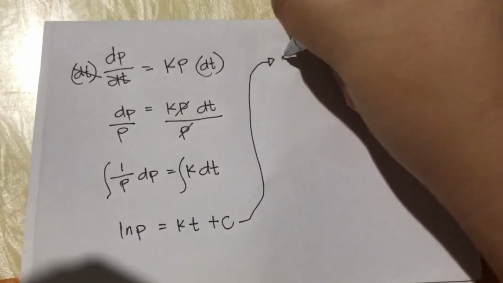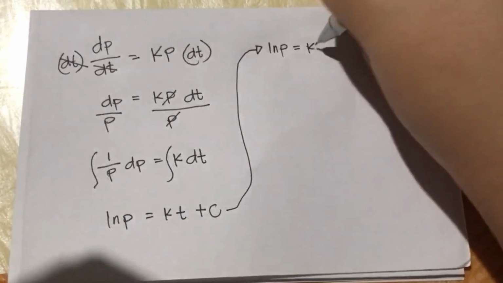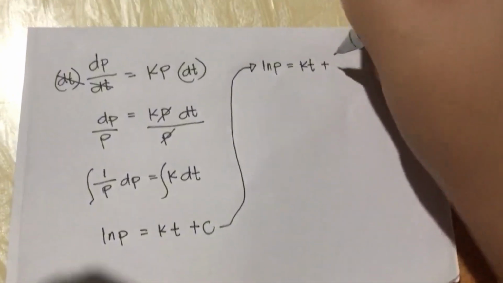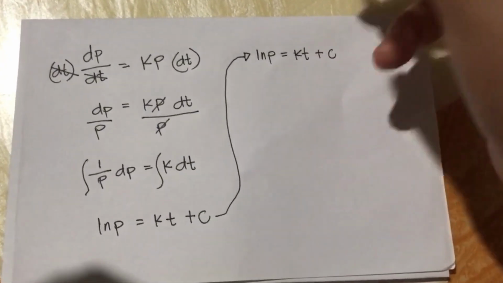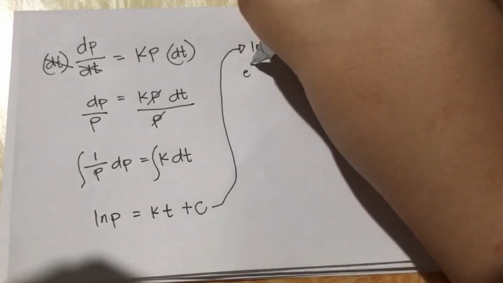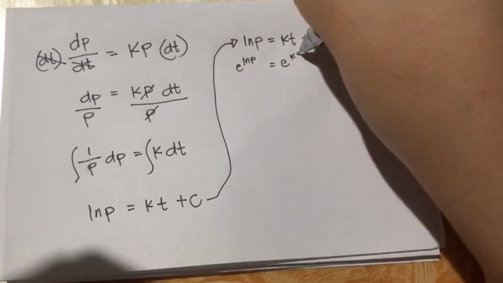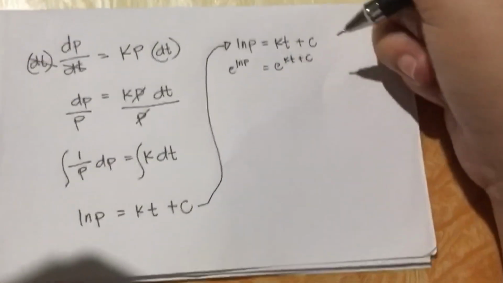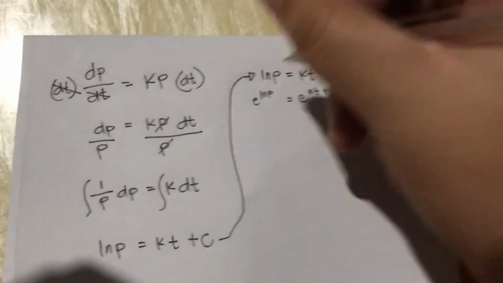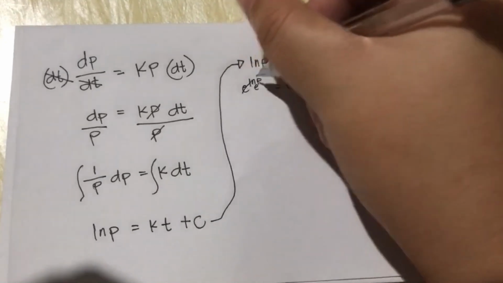So how can we get the P by itself? We have ln P is equal to kt plus C. So let's simply put both sides as the exponent of e. So we have e raised to ln P is equal to e raised to kt plus C. The base of the natural log is e, so we can cancel.